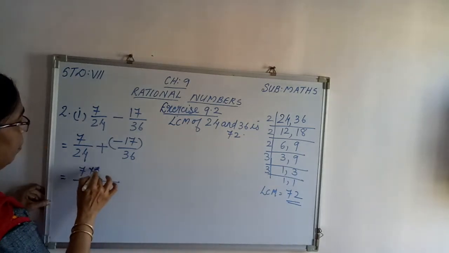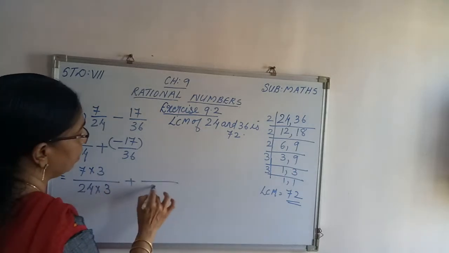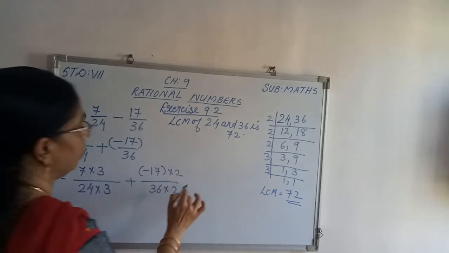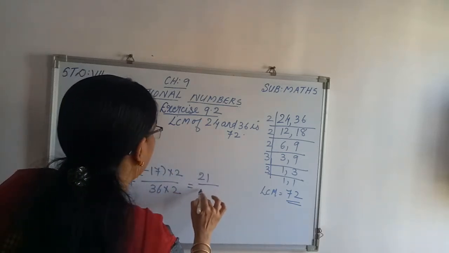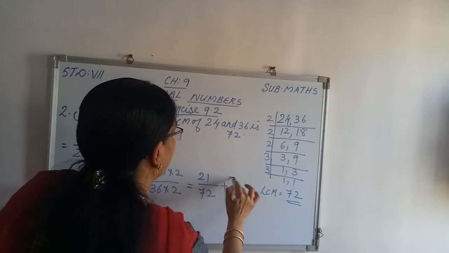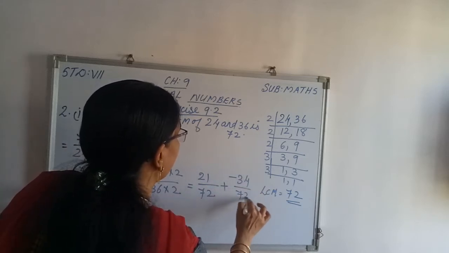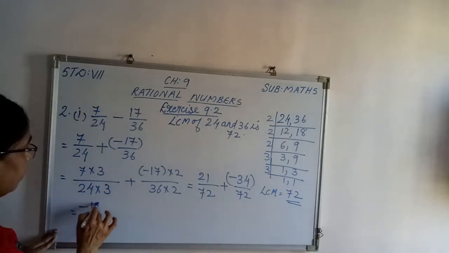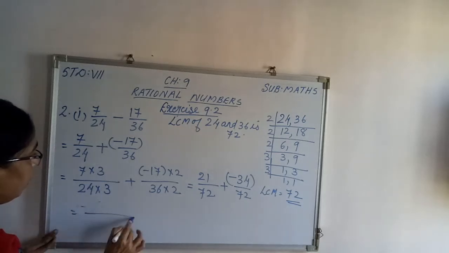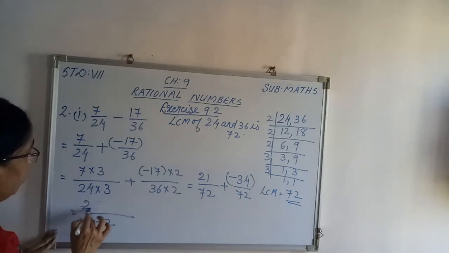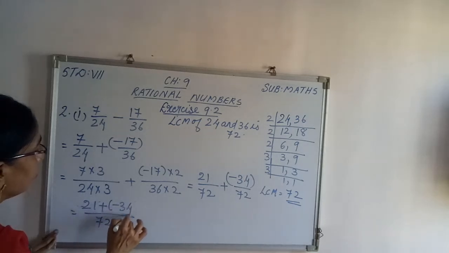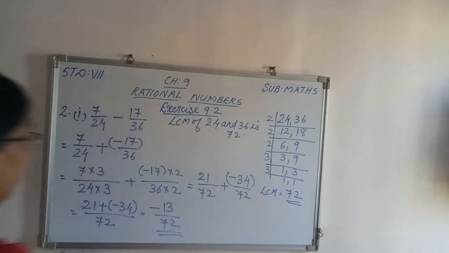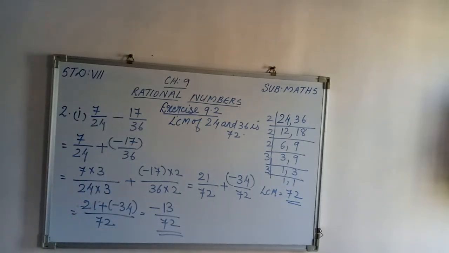So 7 also to be multiplied by 3, plus 36 multiplied by 2, minus 17 multiplied by 2. That's equal to 21 upon 72 plus minus 34 upon 72. We can add, keep the denominator the same, 72, then 21 plus minus 34. That is minus 13 upon 72. Minus 13 upon 72, that's the answer.